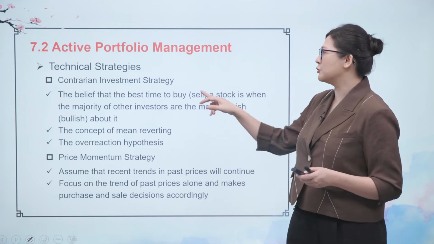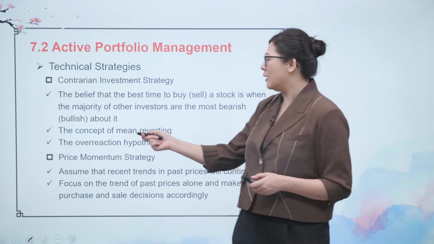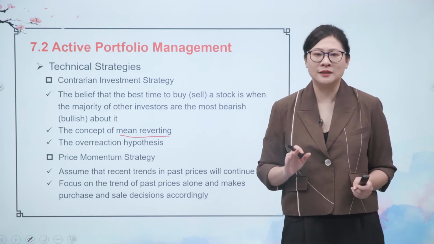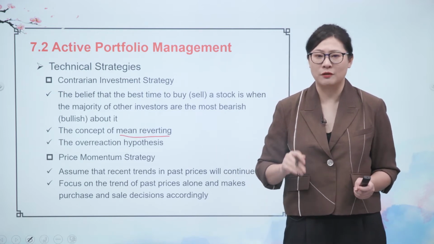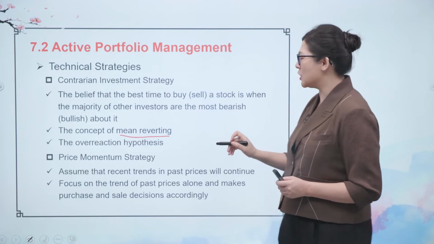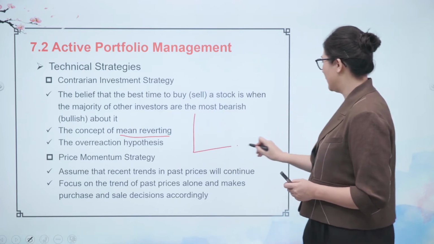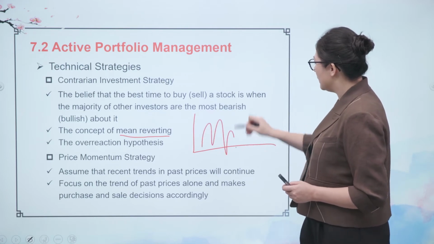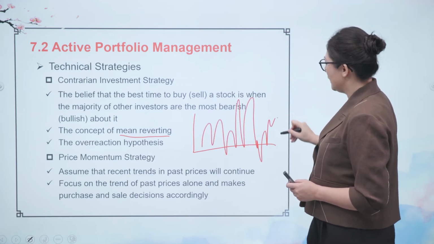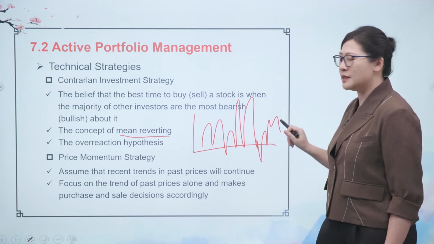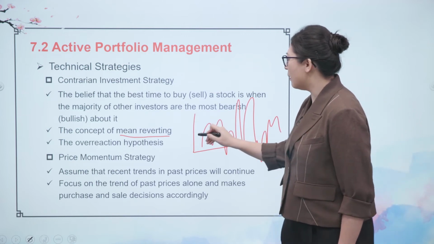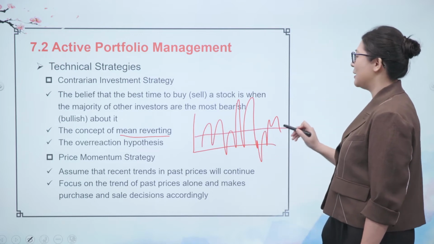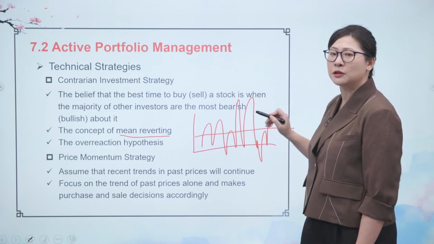And for the contrarian strategy, we assume it is a mean reverting trend. So what's the meaning of mean reverting? Let's have a look. I will show you a graph. If this denotes the stock price, you can calculate based on different time periods the mean for this stock price, which is this horizontal line.